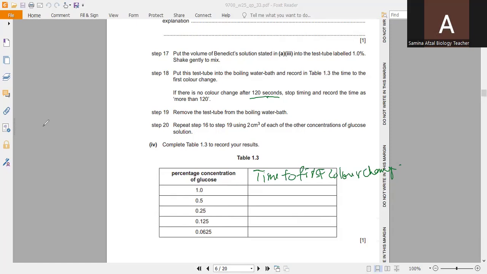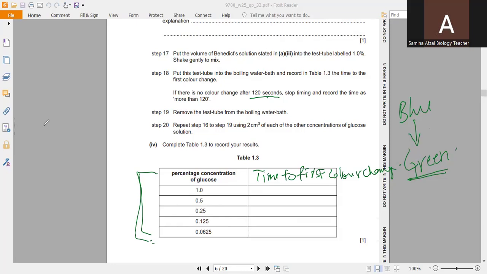So it means you have to perform this Benedict test for all of these 5 concentrations. And for all of these 5 concentrations, you have to record the time to first color change. That is, the first color change will be from blue to green. So you will find out when the color changes from blue to green, and you will note down that time.